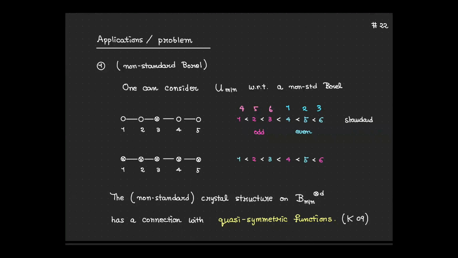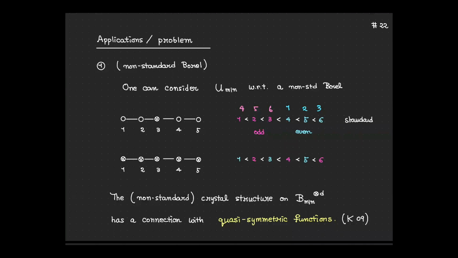One application was in one of my previous works, where I considered only the abstract crystal level. I considered the crystal structure of the tensor power of the natural representation with respect to a non-standard choice of simple system.